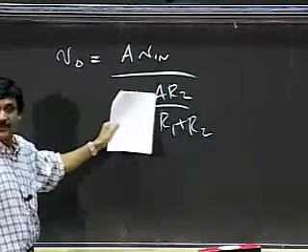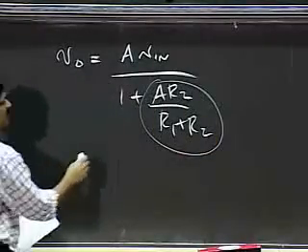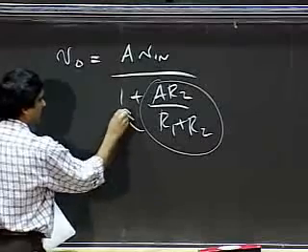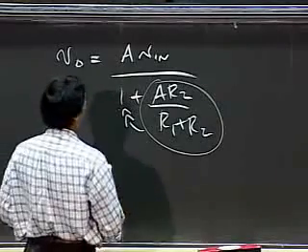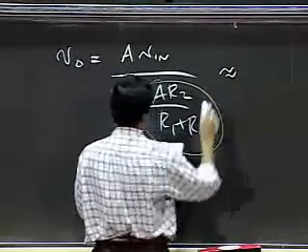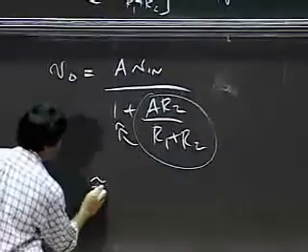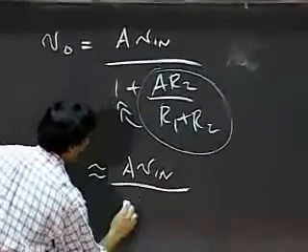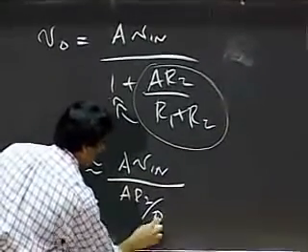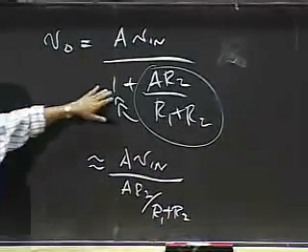It's a huge number, so that this whole number is much, much greater than 1. If it's much greater than 1, I can write this as follows: this is more or less equal to A V in divided by A R2 divided by R1 plus R2. I'm ignoring the 1 here.